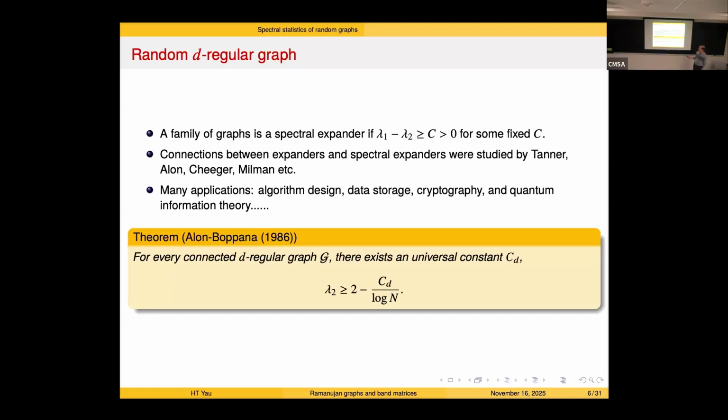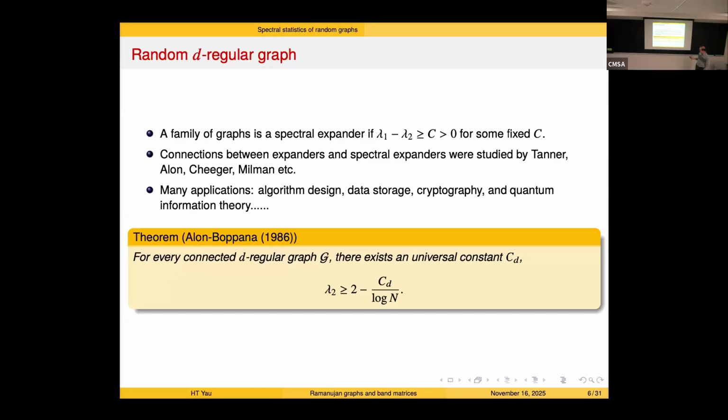There is a theorem by Alon and Boppana in 1986. It says that the second largest eigenvalue, because the first one is d divided by the square root of d minus 1, which we know, will be bigger than 2 minus a constant divided by log n. So the second one cannot go much below 2.